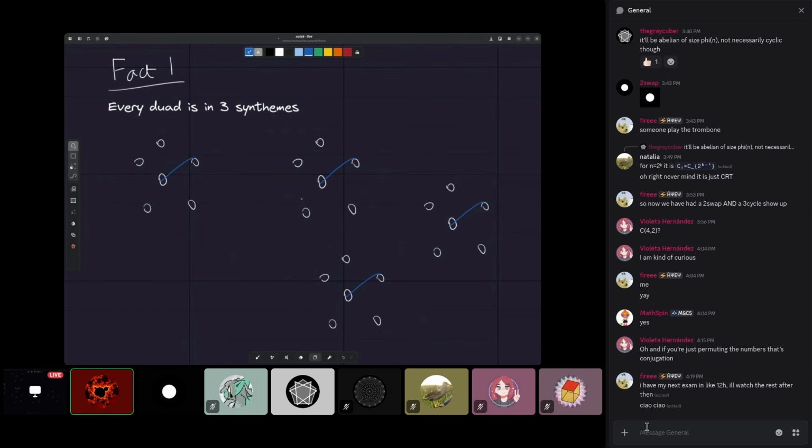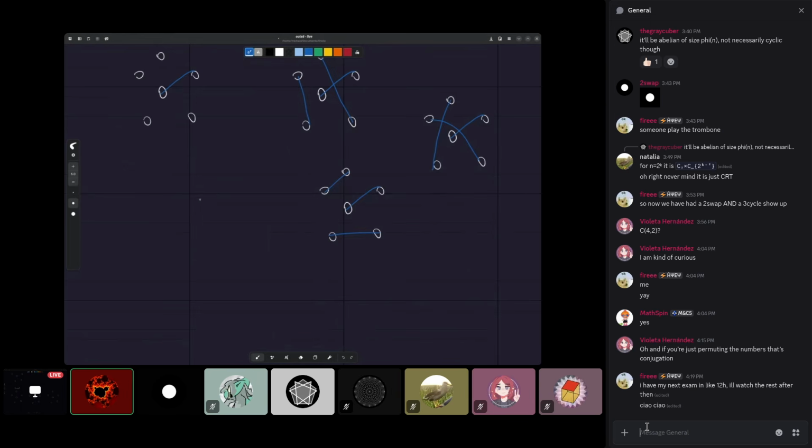You can go there. You can go there. And you can go there. Right, there we are. And that's all of them. You got your 3 possibilities. So these are the only 3 synthemes containing that duad. Cool. So hopefully that's clear.